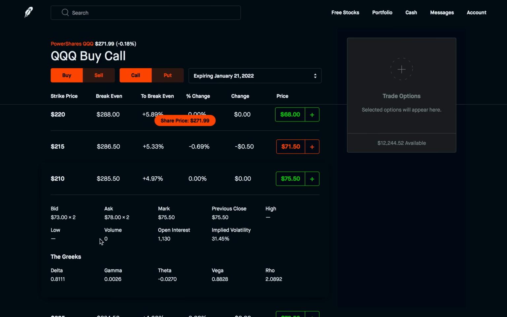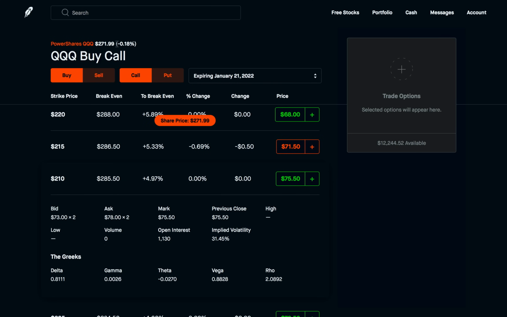Now, why do we want delta to be 0.80 or more? Well, a huge part of why we're doing this is that we want to mimic how much we would make if we owned 100 shares of QQQ outright. Okay, so let me explain that. If I wanted 100 shares of QQQ right now, each share would be $272. Let's just say that.